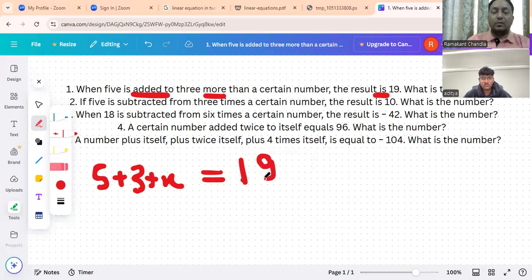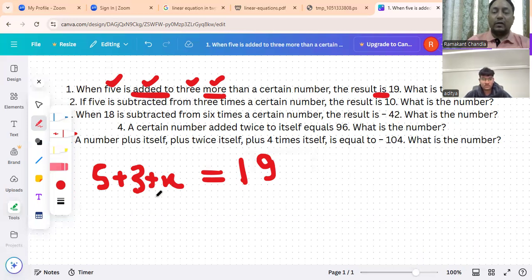So what it wants to say: 5 is added, we put the addition operator, to 3. Now 3 more than also says addition. Then a certain number, which we have considered as X. The result is 19, so the result represents the equal to sign and the answer is 19.